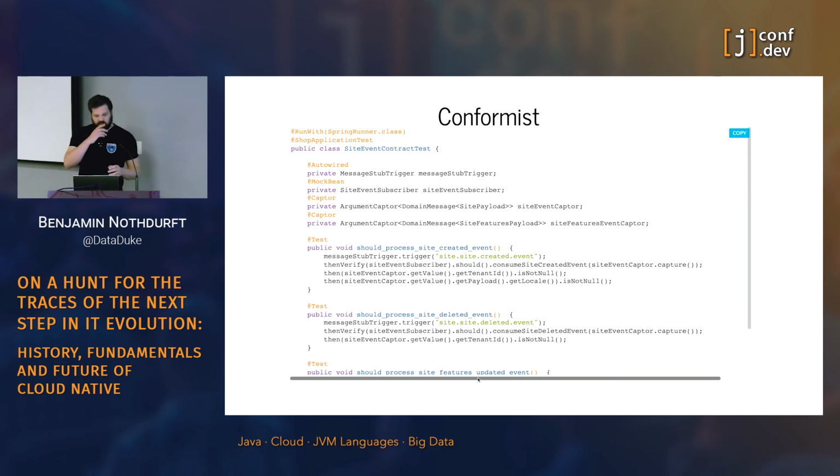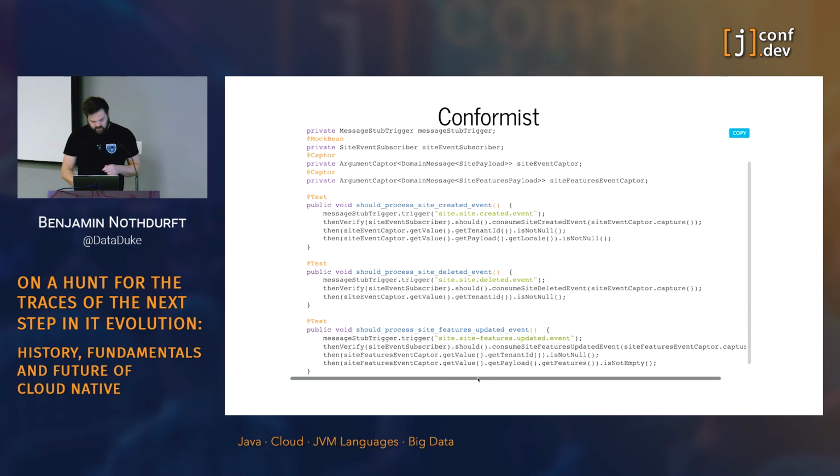This is, for example, where I see this pattern appearing: I think this is the event library.